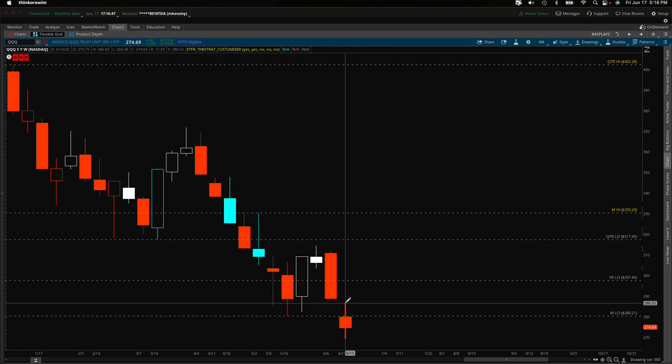We'll put the weekly high and low on this candle because on Tuesday it'll be a new weekly candle. So this is technically the previous candle.